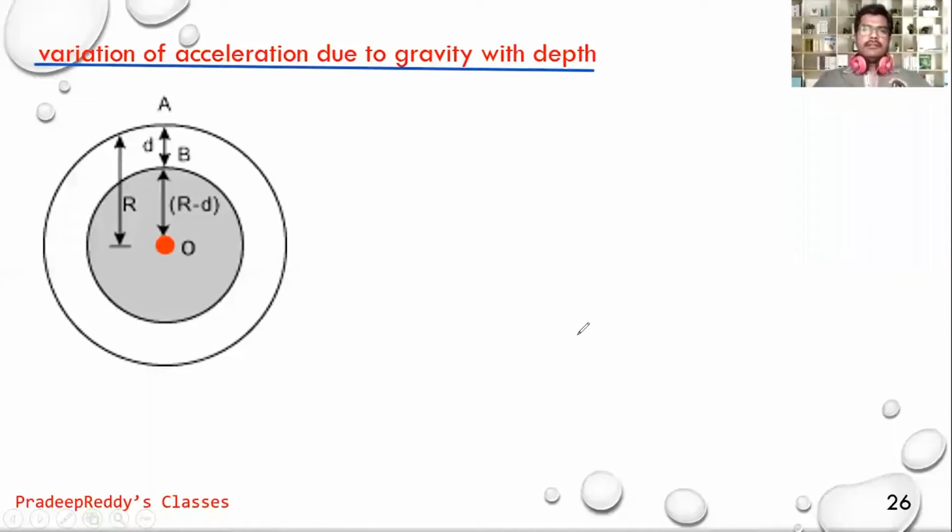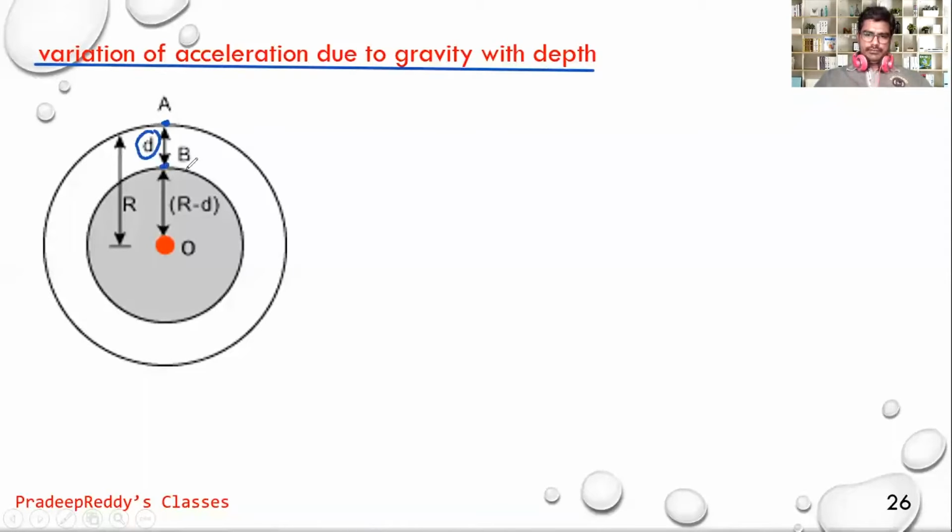Now let us learn how acceleration due to gravity varies with respect to depth. Now this is the surface of earth. From the surface of the earth you are going deep into the earth up to a certain distance d. This is the depth where you are now. I want to now calculate acceleration due to gravity at this position.